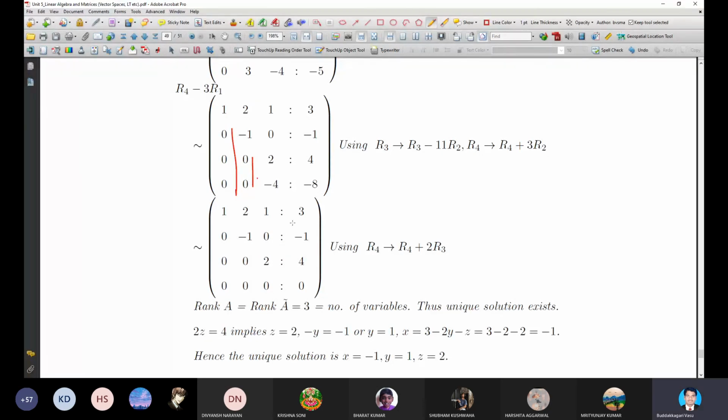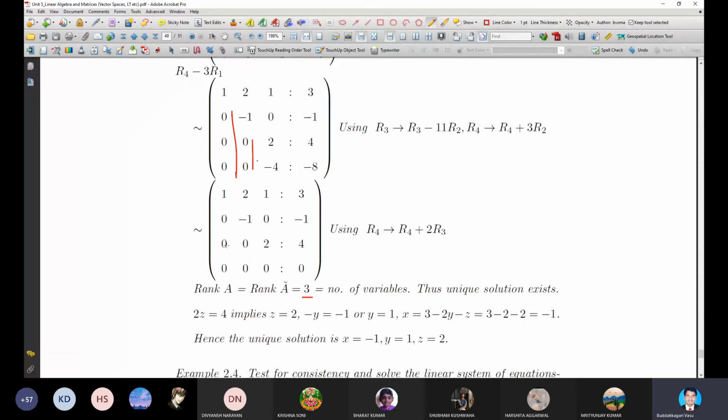Three rows are there in the row echelon form. So the rank of AB is 3. Now look at the A part, the coefficient matrix: how many non-zero rows are there? Here also 3 rows, 1, 2, 3. So the rank of A is equal to the rank of AB, which is equal to 3, the number of variables, the number of unknowns. Hence the system has a unique solution.